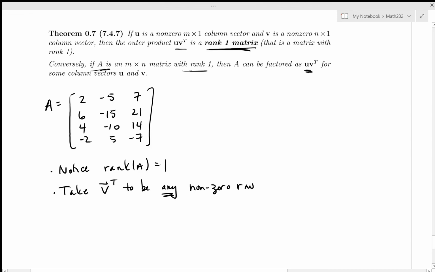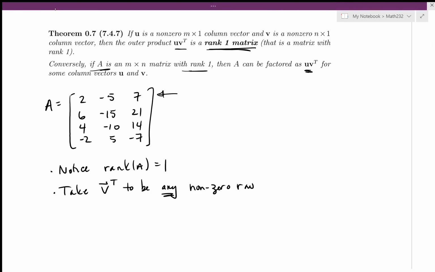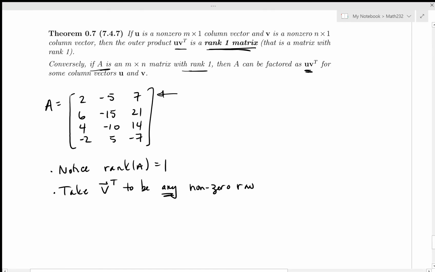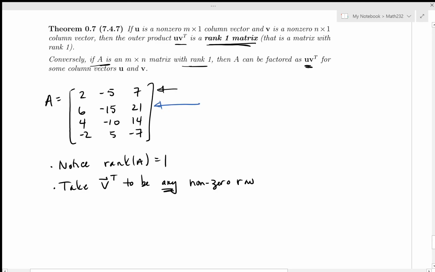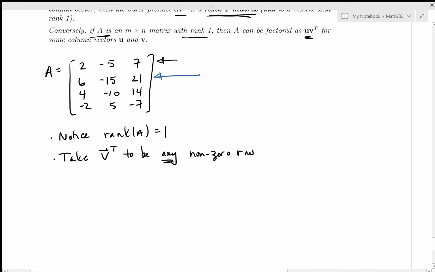When we formed this thing, that was what V transpose was. But to show that it doesn't matter which one you do, I'm going to pick the next option. I'm going to pick this one here. So I'm choosing any non-zero row, and I'm making that V transpose.